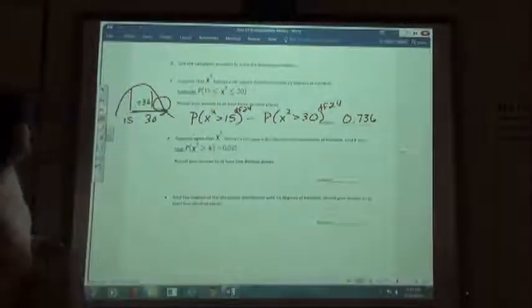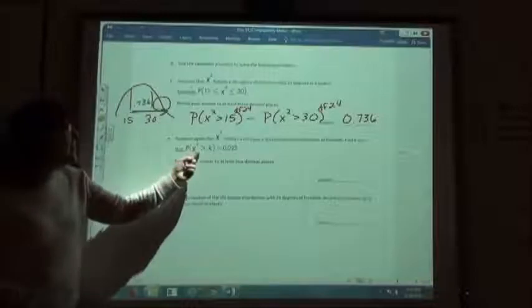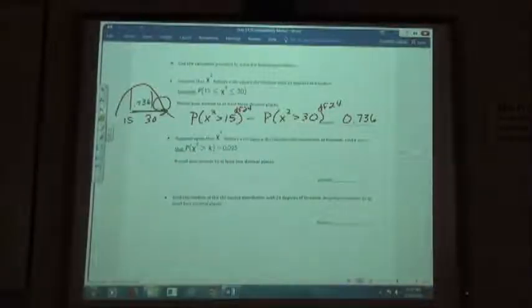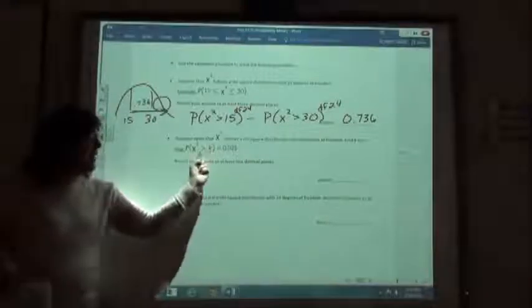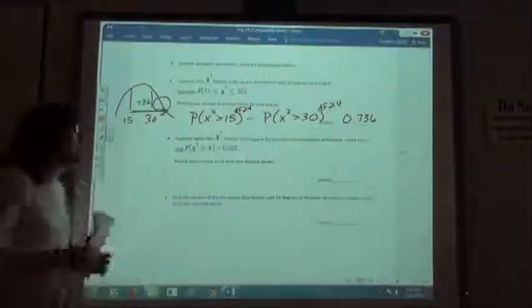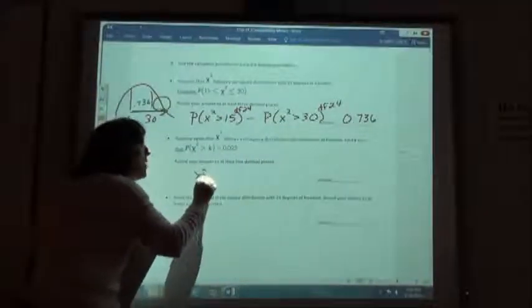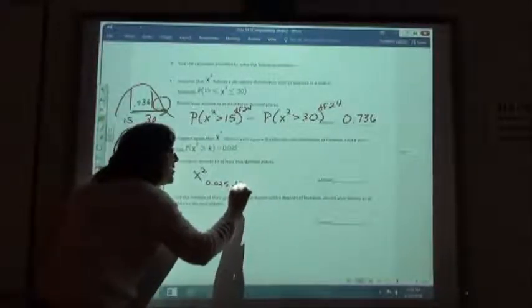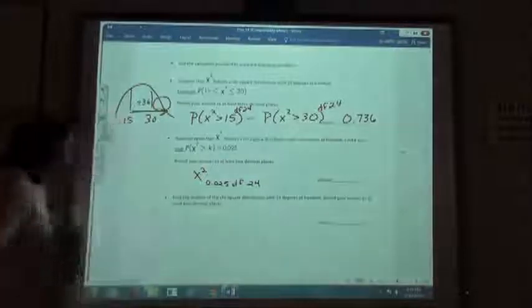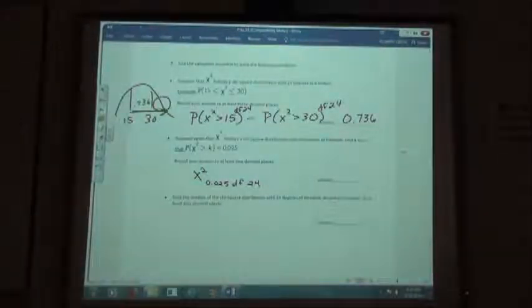All right, the next one. Okay, is that the same as we did on the other one, except for they changed the degree of freedom? We are given the area to the right because it's a greater than, so we're just going to do the chi squared sub 0.025 with the degree of freedom of 24. If it's a greater than, you just use the number that's there.